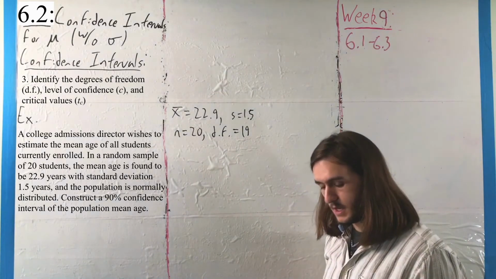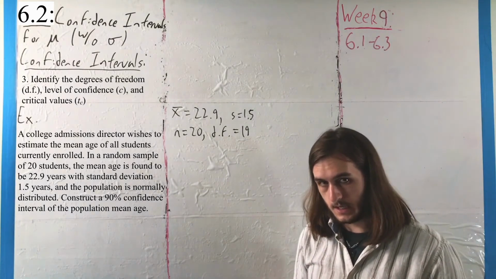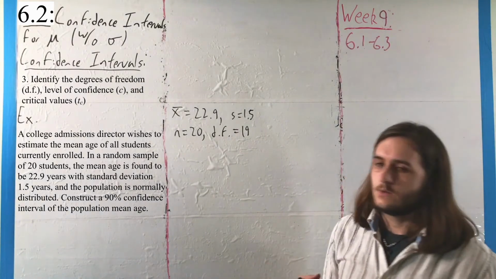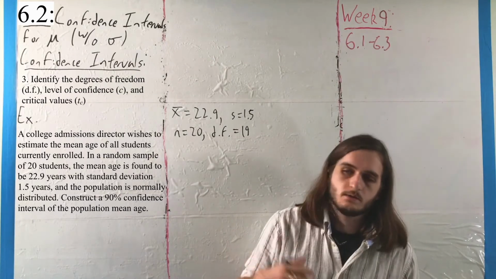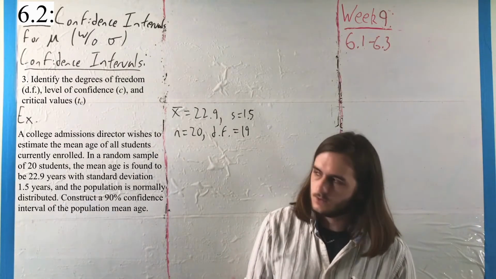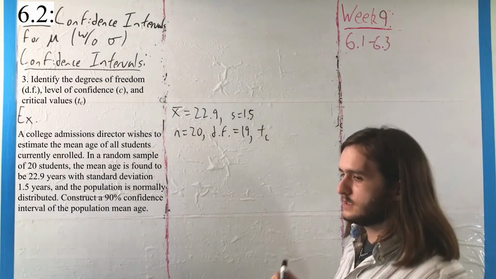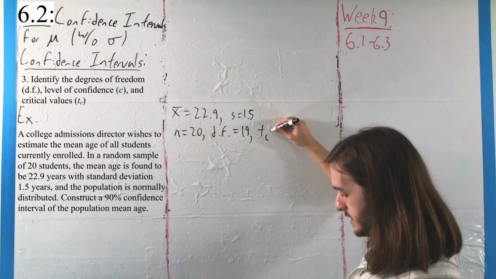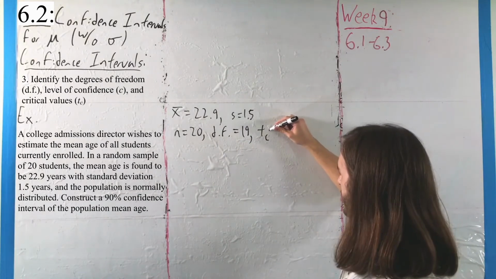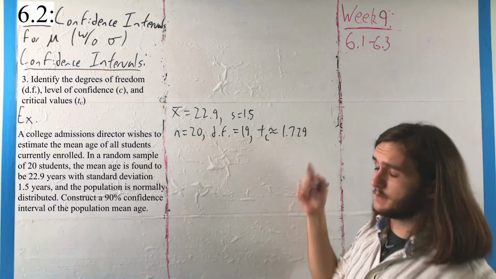And then because we want a 90% confidence interval, whether we use the table or the inverse t function in the calculator, we get that our t critical value in this case is approximately 1.729. So now we have all of the pieces we need.